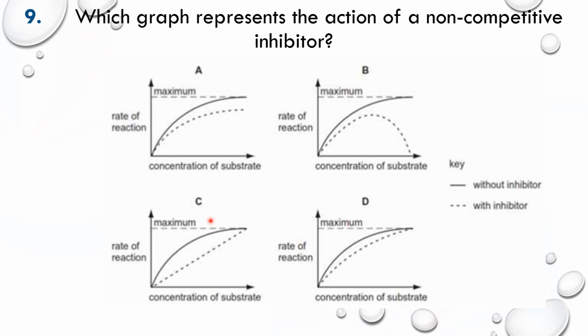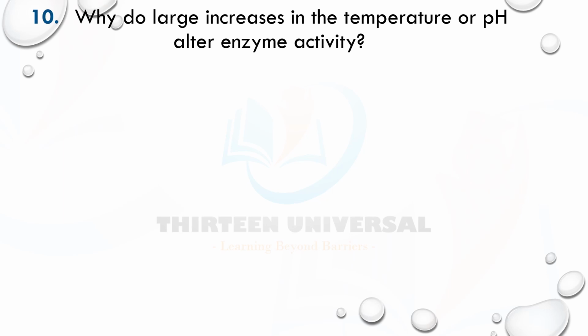So C and D are out, and the rate does not go up and then come down. So A is the answer. See, it lowers the rate of reaction. This is a typo error. A is the answer.